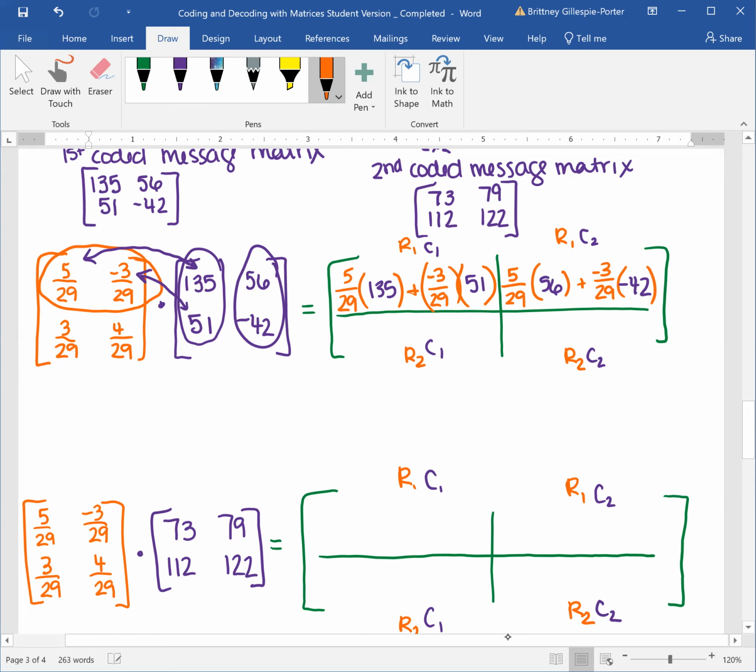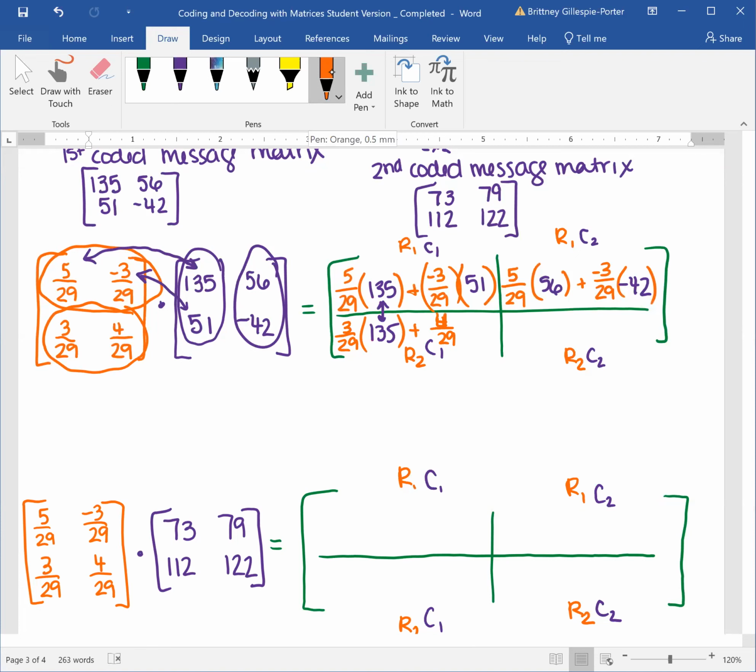All right, let's go ahead and work on that row 2. We're going to have 3 over 29. And some of you may be wondering how I do the second row so quickly. Keep in mind that they have to line up. So I'm just immediately copying those down. So as long as I can remember that I need to change my orange numbers, which in this case, 4 over 29.